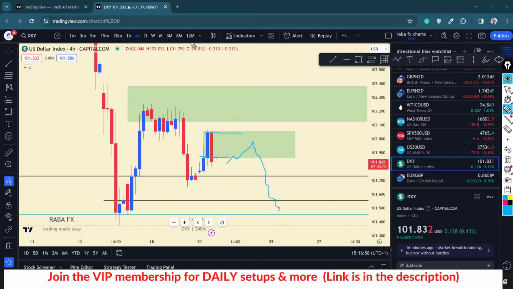Now remember, there are just two types of opening prices. We have the reversal, and then we have the continuation opening price. Reversal in the sense that it starts the bearish move. So that opening price that starts the bearish move is the reversal opening price. Then the opening price that continues pushing higher is the continuation opening price.